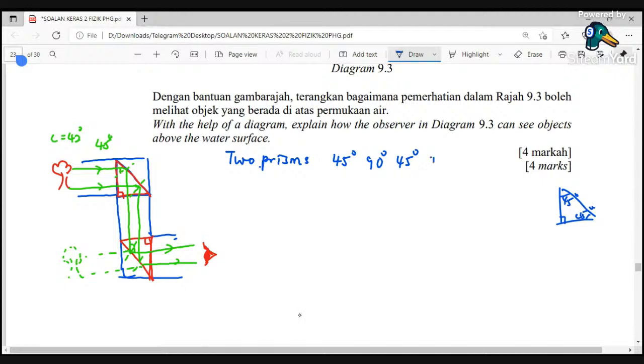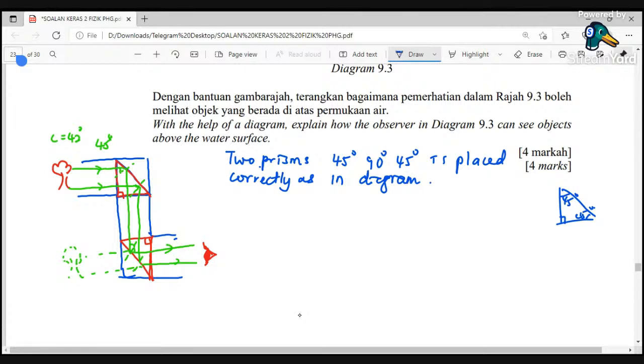Okay. This place correctly as in diagram. Okay, seperti gambar rajah ini. Okay, ini prism.